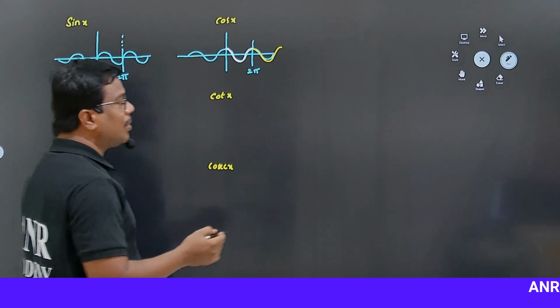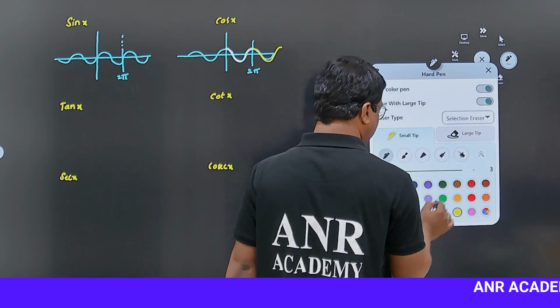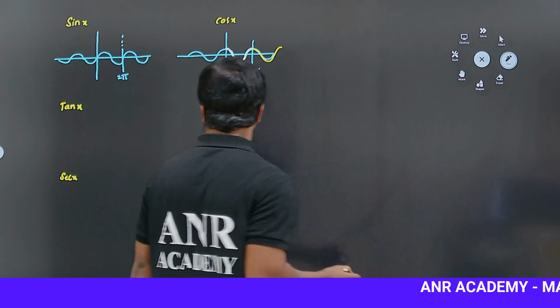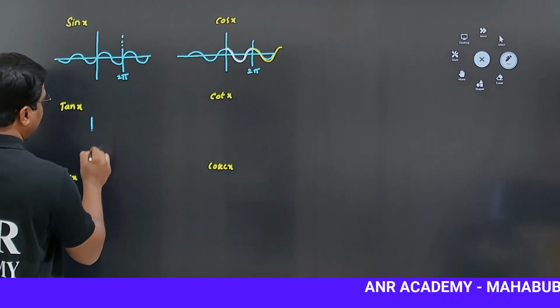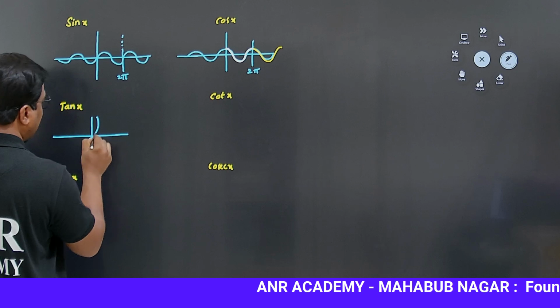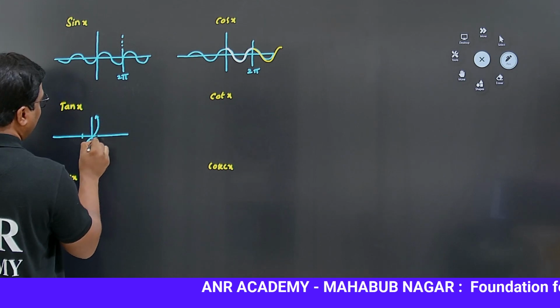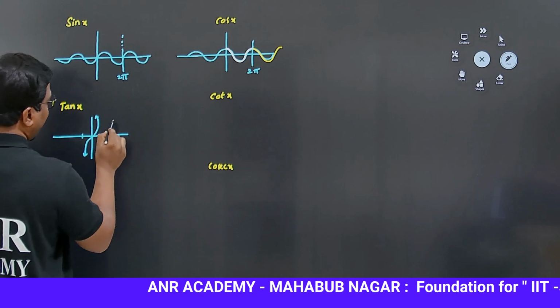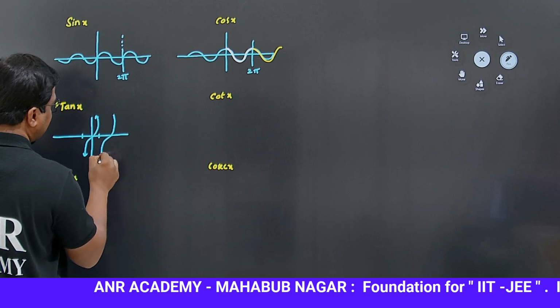Next, you know the graph of tan x. The tan x graph is strictly increasing in the interval minus pi by 2 to pi by 2, and then repeats.